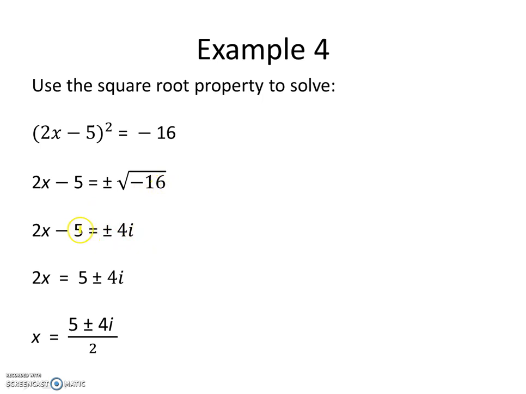So we have 2x minus 5 equals plus or minus 4i. Taking the 5 over to the other side, we find that 2x equals 5 plus or minus 4i. Then dividing by 2 to isolate x, we get x equals 5 plus or minus 4i, divided by 2.